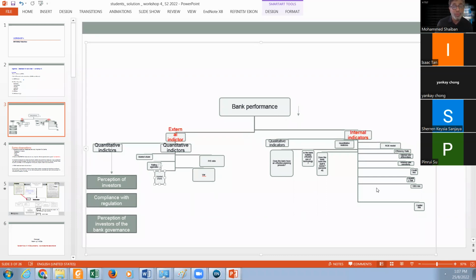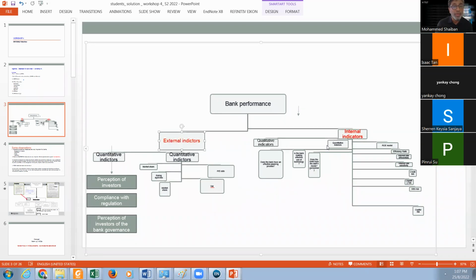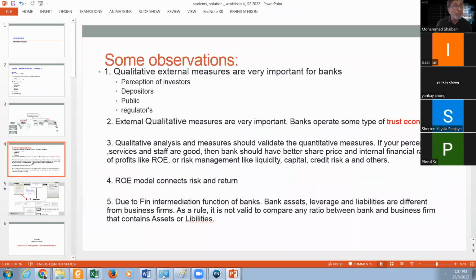Now, you can map your thinking towards bank performance in general, and you can divide it into internal and external, and then the internal and external can also be divided into quantitative and qualitative. But the observation I want you to note is that qualitative external measures are very important for banks.